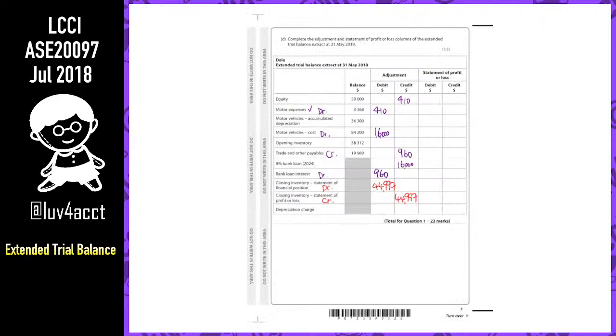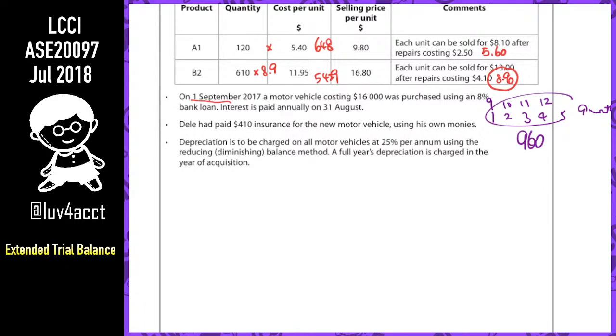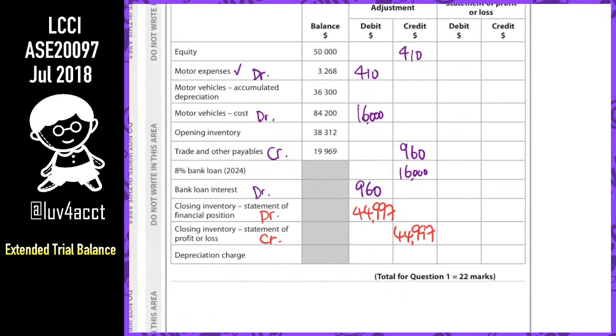Last one, we have the depreciation. Let's look at the depreciation charge policy: 25% reducing balance method. Full year depreciation is charged in the year of acquisition. So we have to look at the updated balance.